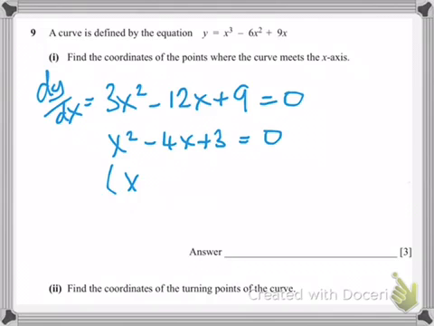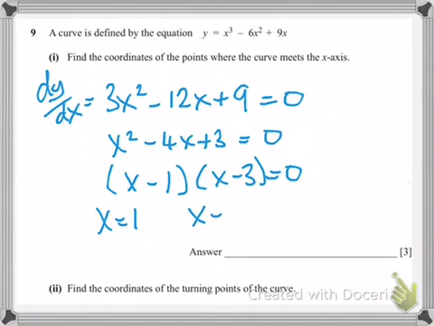So that's x minus 1 and x minus 3 is equal to 0. So that means x is equal to 1 or x is equal to 3.